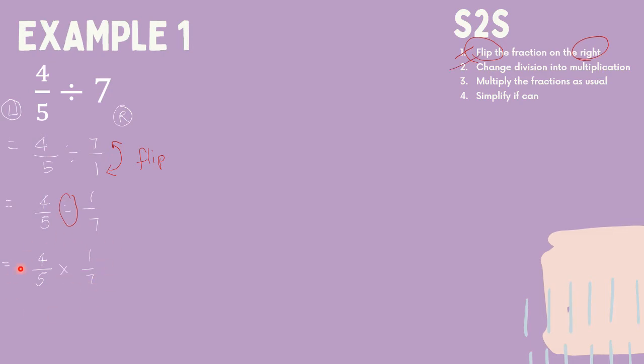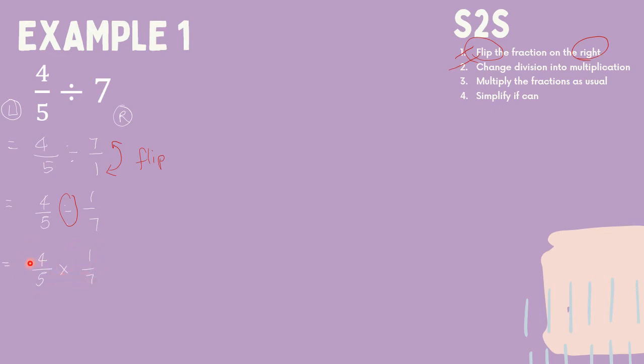Now this should look familiar to you because we have done this topic last week. So you can do either the cancelling method or the normal method. Now, the cancelling method does not apply to all numbers. Only when you can divide two numbers using the same factor can you use the cancelling method. But let's look at our fractions right here. We have 4 out of 5 times 1 out of 7.